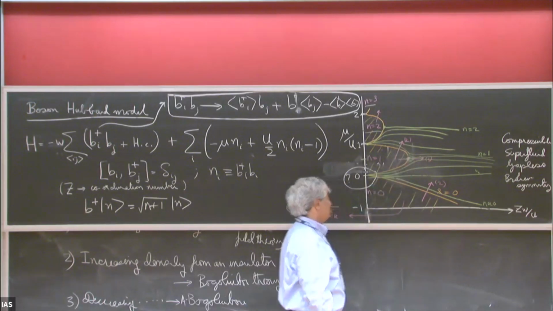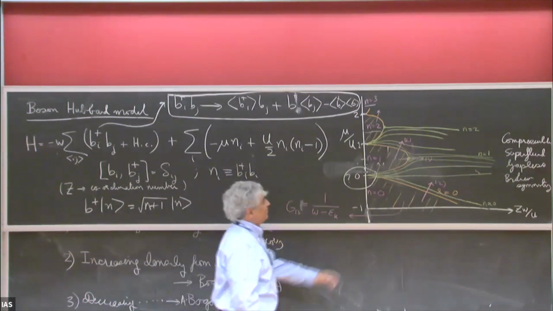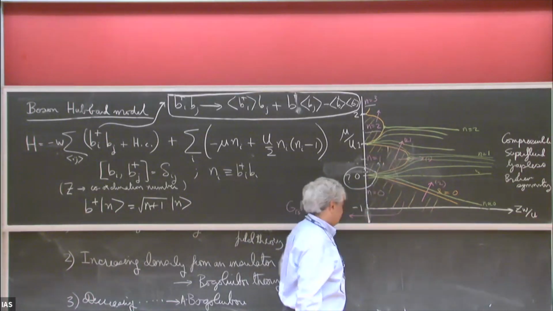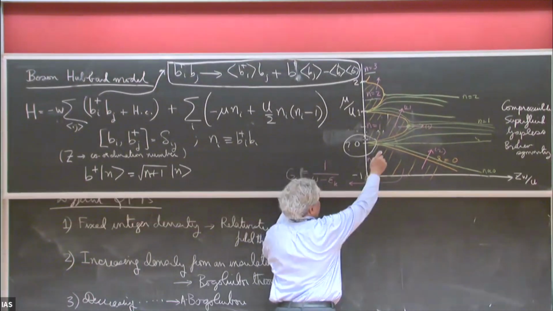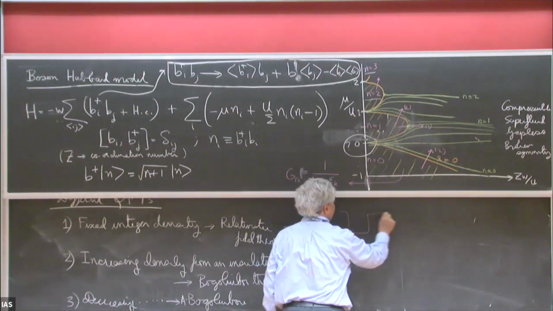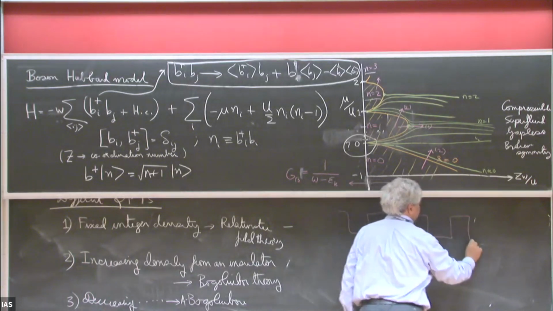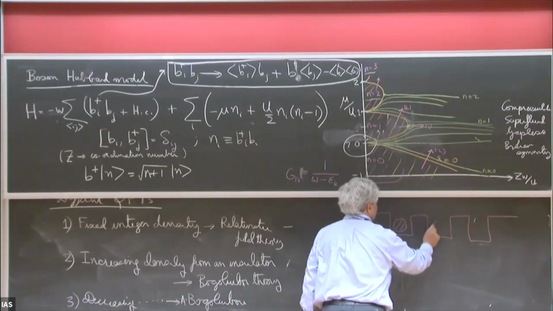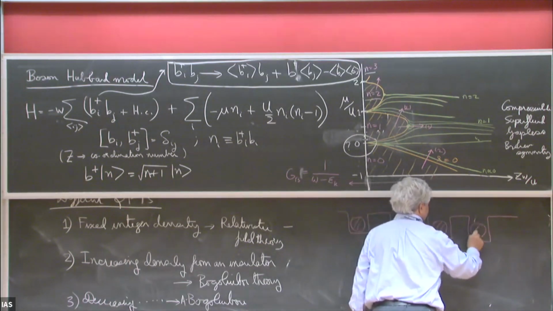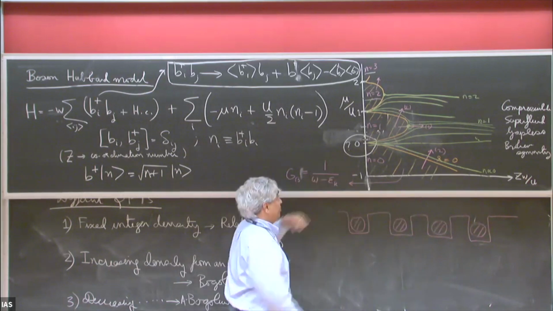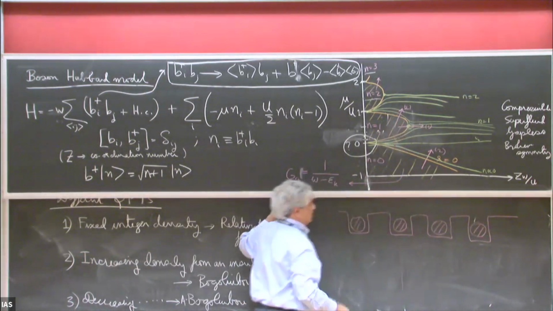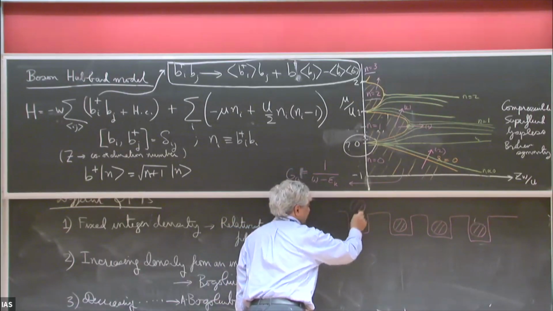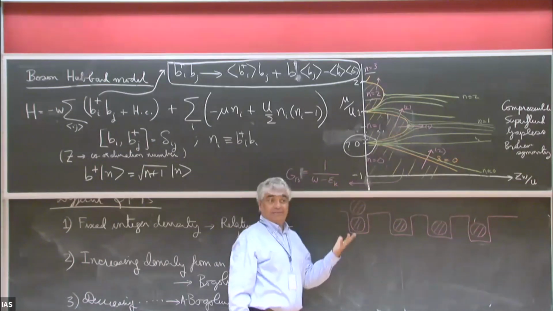So you can also apply the Bogoliubov theory in kind of a dense situation. And the way you think about this is also very simple. So suppose you're in the Mott insulator. We have exactly one boson per site. And now you change the chemical potential. You change the chemical potential, and as you go across this transition, the density changes a little bit. So you just add one particle, say. And the particles you add are dilute.